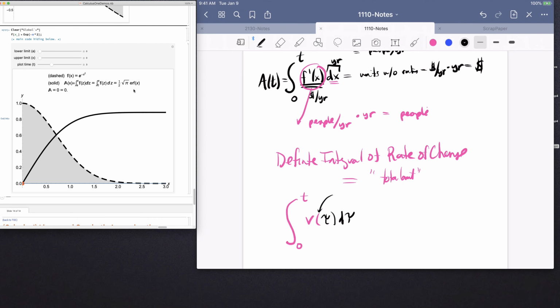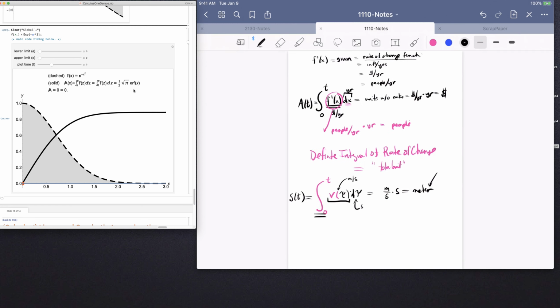The velocity is in units of meter per second, d tau time is in seconds. What we are doing is accumulating, that is the definite integral, we are accumulating velocity times time, which will have the units of an accumulated amount, meter per second times seconds, which will be in meters, which is the units of distance. So this would be related to our position function, which is meters. Okay, so that ends this video on the interpretation of a definite integral of a rate of change.